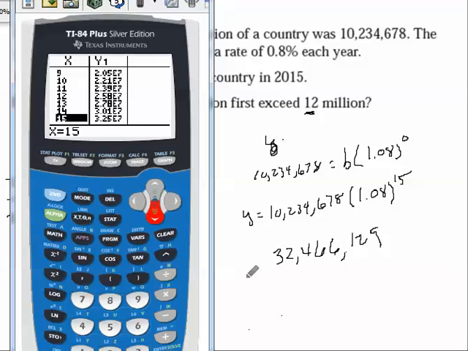Well, that's what we have here. It shows you the number, but it's not as good because it's putting it in scientific notation. But the question B there said, when did we first exceed 12 million? We can see it right there at that point, 12 million. So that's at year 3.